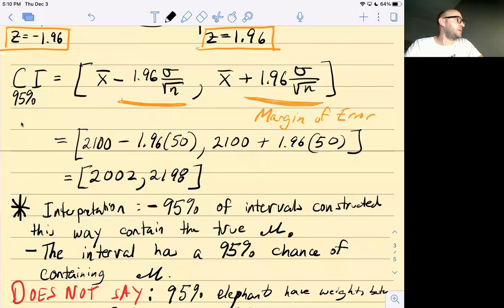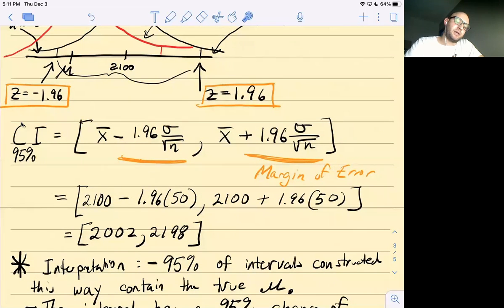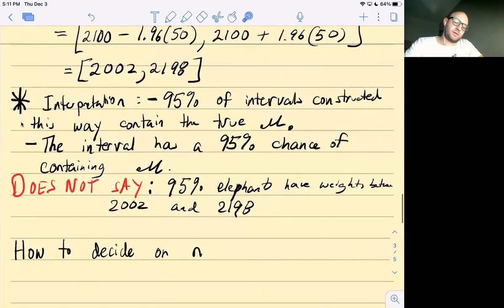For example, Biden was leading 55 to 45, and there's a margin of error of like 3%. Those analyses come from exactly the same approach, but instead of X bar, you would use p hat, and instead of sigma over root n, you can actually use 1/2 over root n.